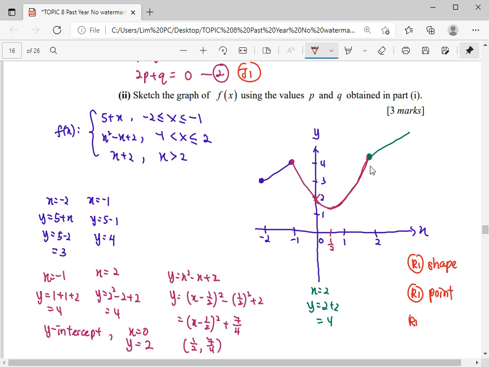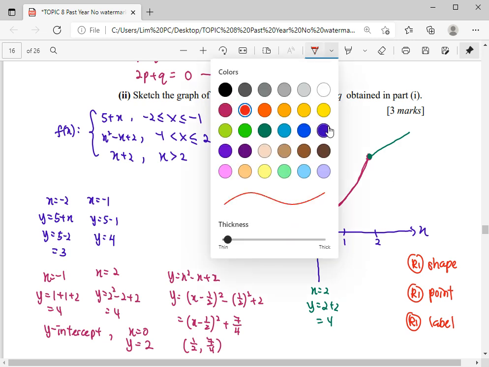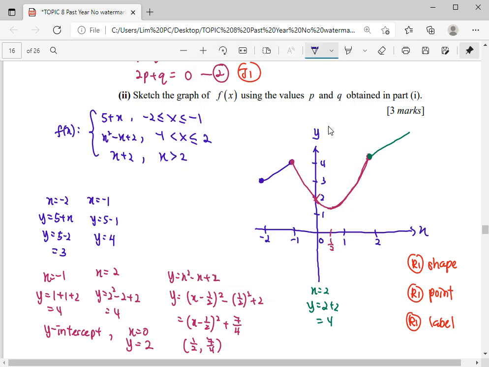Lastly, label it completely. Label your x-axis, label your y-axis, and of course label your functions. Our function here will be f(x). Or you can label it: this is 5 plus x, this is x squared minus x plus 2, this is x plus 2. Make sure your x-axis and y-axis are labeled with the origin.